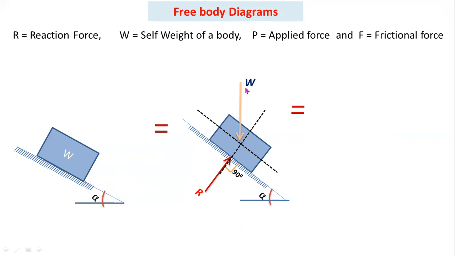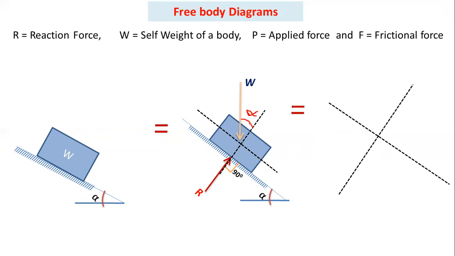Now you have to convert this self weight W into two components along the parallel plane and normal plane. Here I am going to convert this self weight W into W cos alpha and W sin alpha. Here this self weight makes an angle alpha with respect to the vertical reference axis.